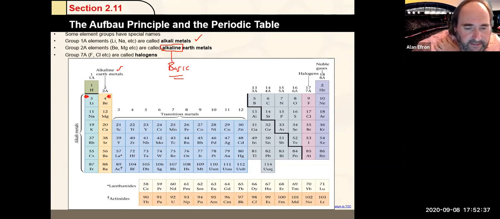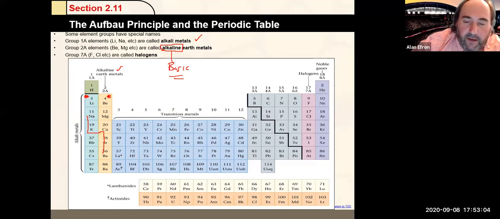A lot of these guys, when they hook up with OH, make strong bases. That's the root of where those names come from: alkali, alkaline. If somebody says make it alkaline, you'll come across that a lot in Chem 200B. When you do some experiments, they say, make the solution alkaline. Basically, that means to make it basic.